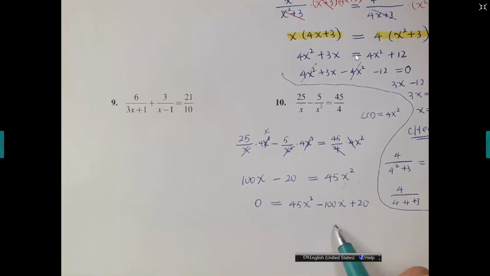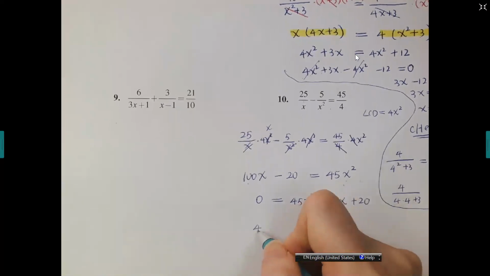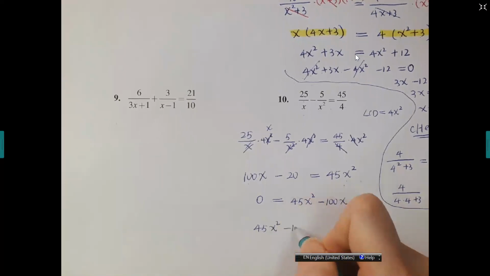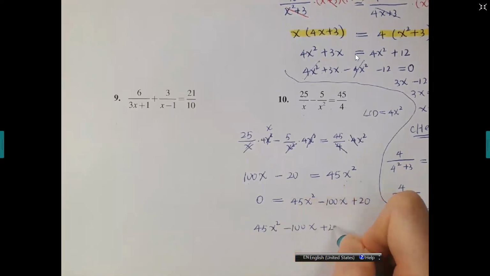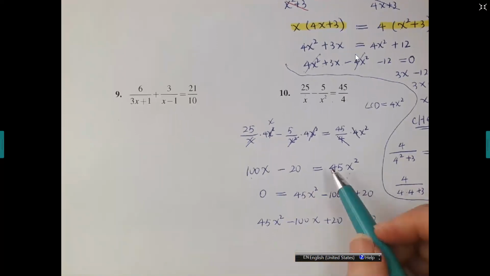If you don't like this, for the equation, we can just swap the two sides, and we can rewrite it as 45x squared minus 100x plus 20 equals 0.